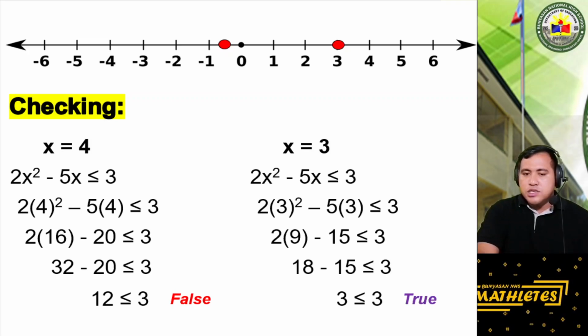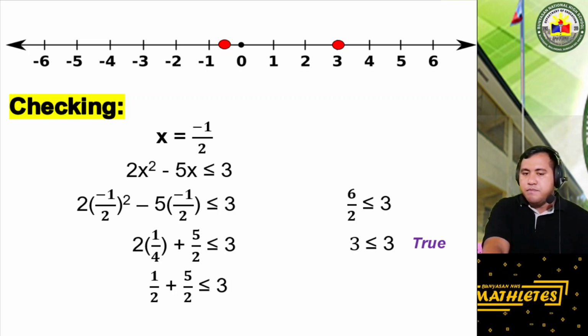Okay, let's find out. We have x is equal to 3. After substituting, the result is 3 is less than or equal to 3, which is true. That's why there is an equal sign. This is read as 3 is less than or equal to 3, which is true. So it is part of the solution set. Next is negative 1/2.